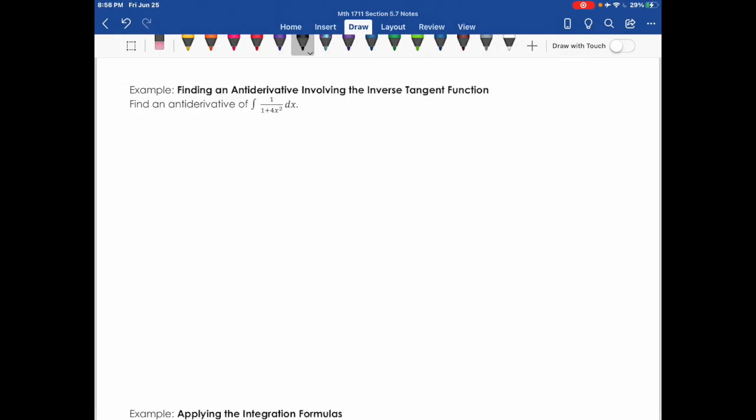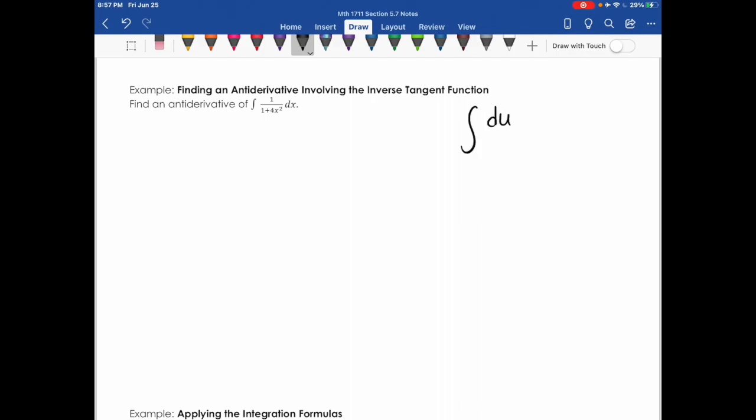For this example, we're going to find an antiderivative involving the inverse tangent function. So when we compare this problem with the formulas stated up in that box at the beginning of the lesson, this integrand looks like the inverse tangent integrand.